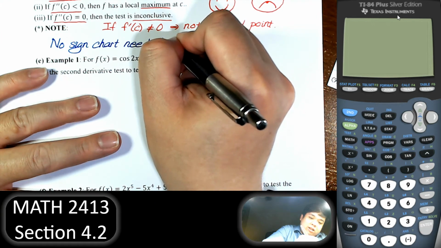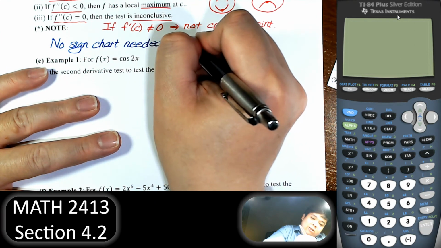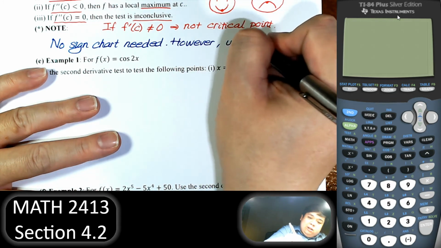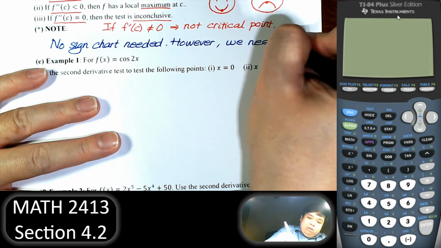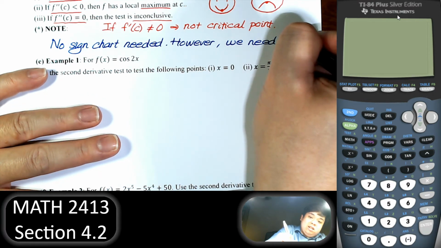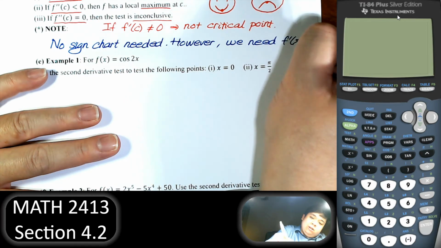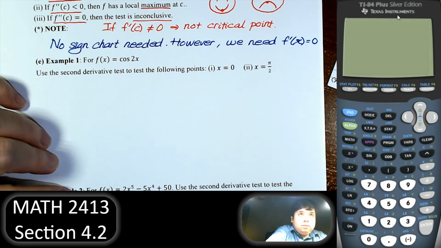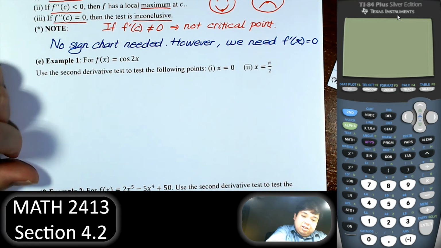But we need the derivative equal to 0, or the derivative exists. And there's an inconclusive case, of course.